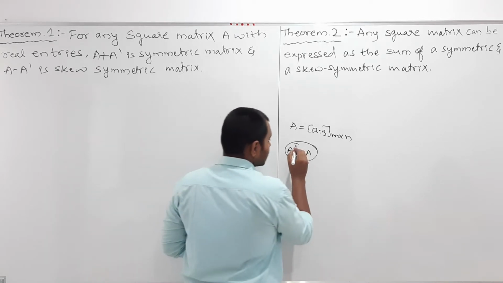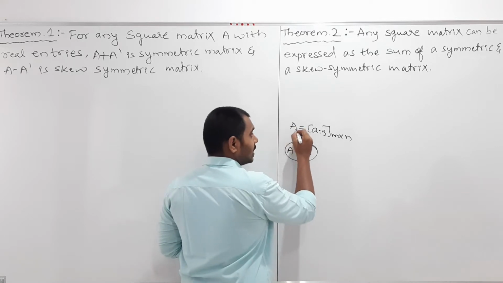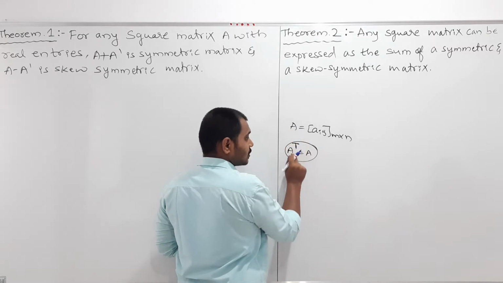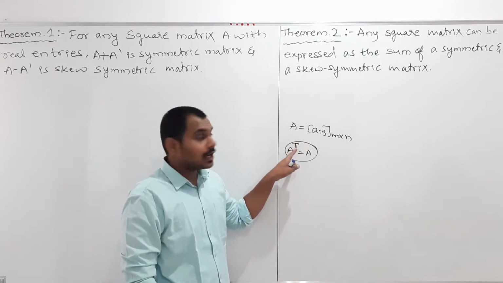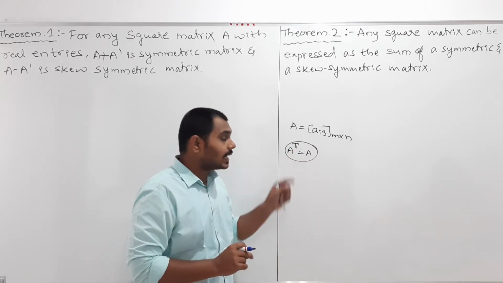So A transpose is equal to A means what? If I have any matrix A, the transpose of it we denote as A to the power T. So A to the power T means A transpose. And also we know how to write the A transpose.